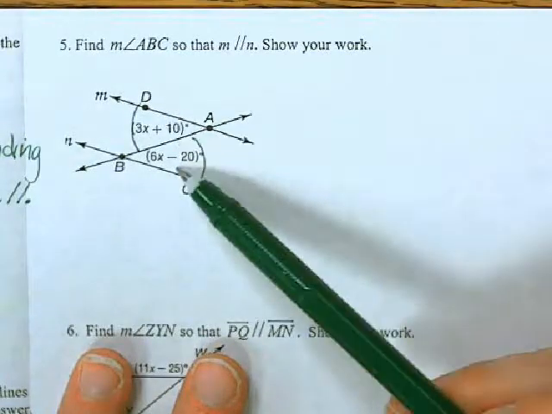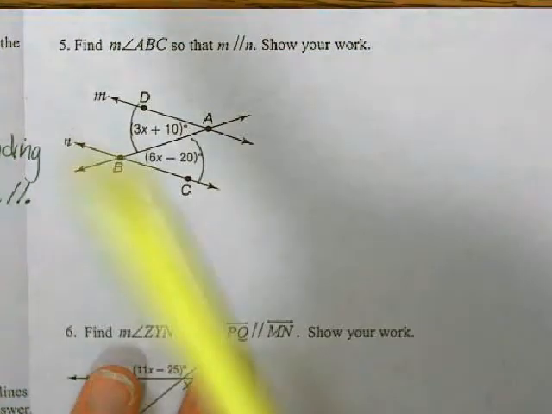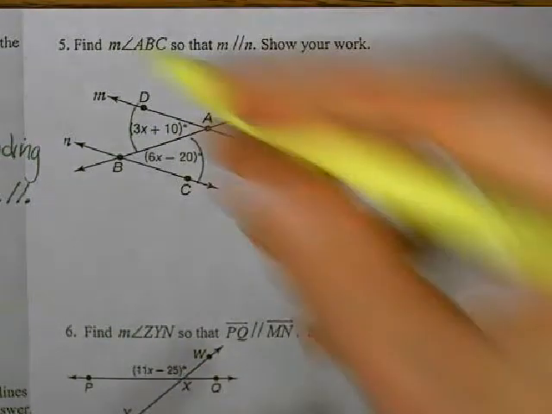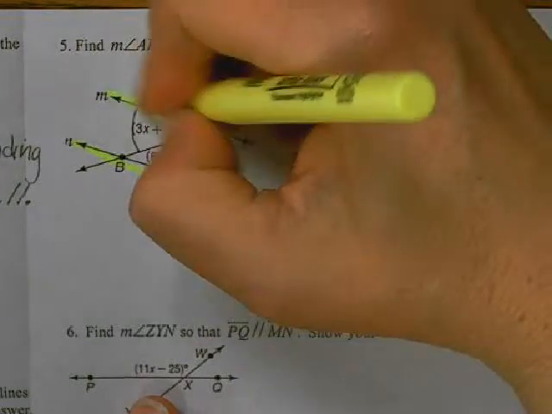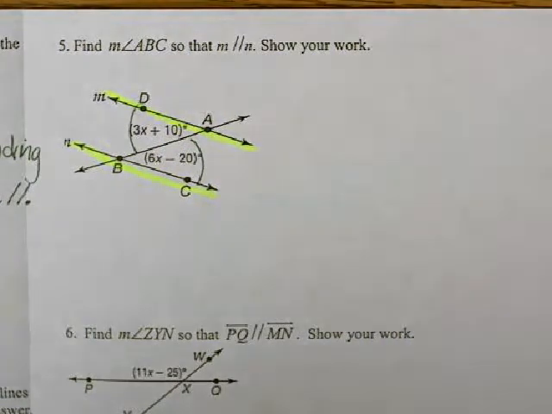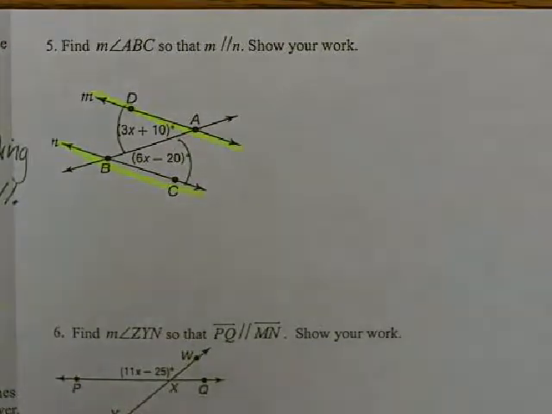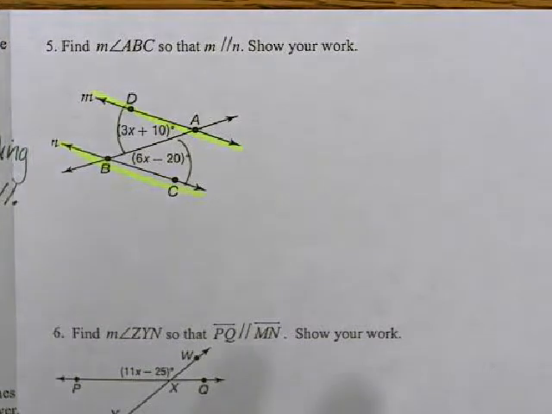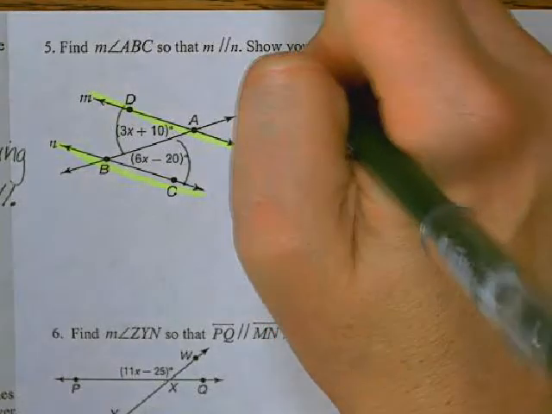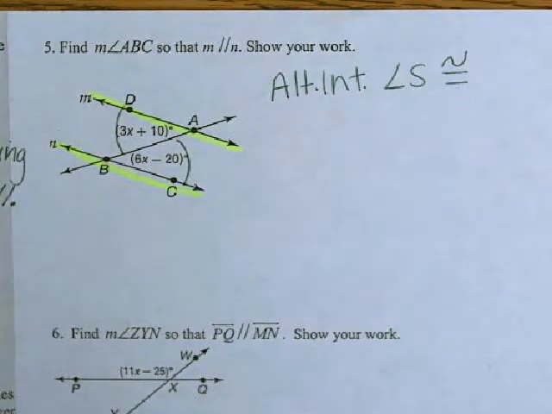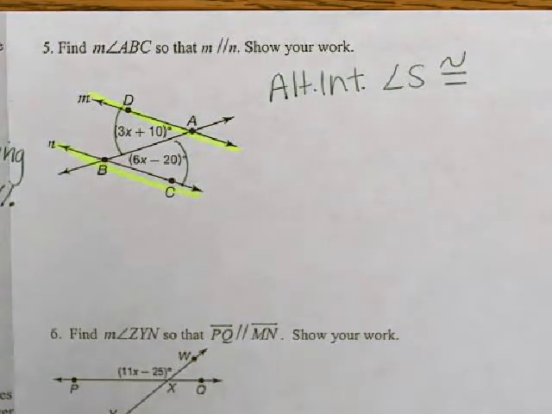Here's my transversal, line AB, so these are my parallel lines, or at least the ones I'm trying to make parallel. What kind of angles are they? They're alternate interior angles, and we know alternate interior angles are congruent.